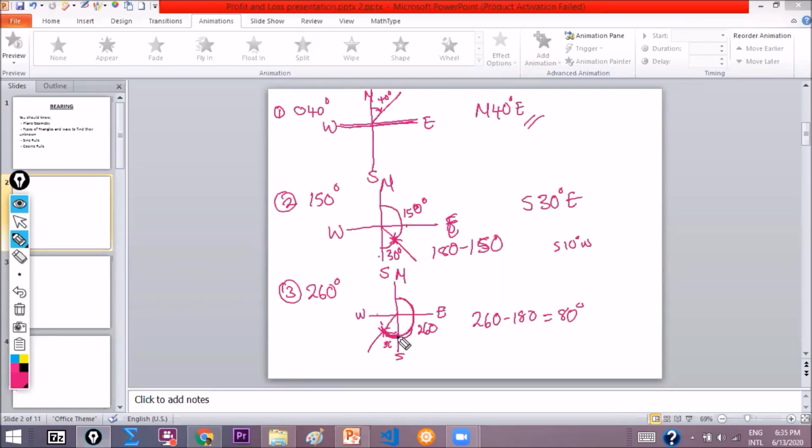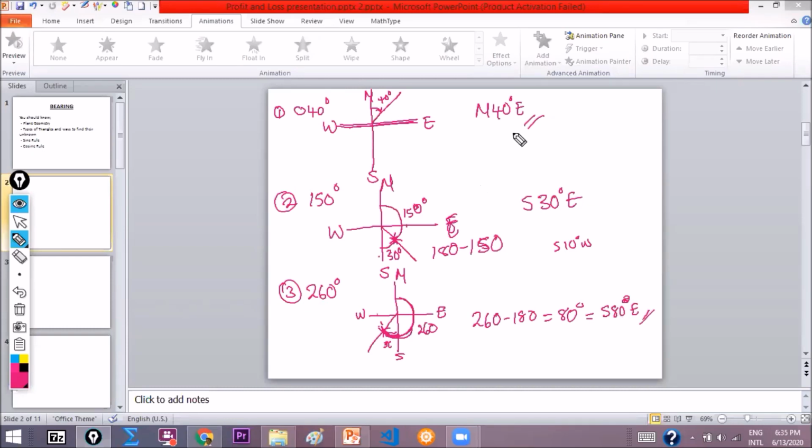It has to be from south to west. So you always have to start from either your south or the north. So it is this angle in compass bearing. This is equal to south 80 degrees west. Okay, this is the answer to convert 260 degrees to compass bearing.